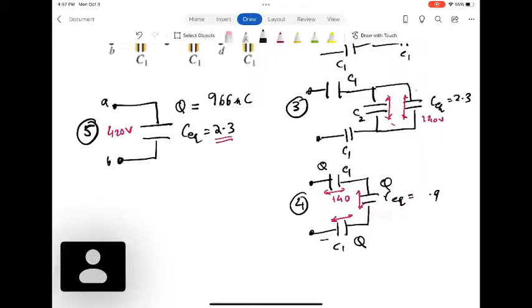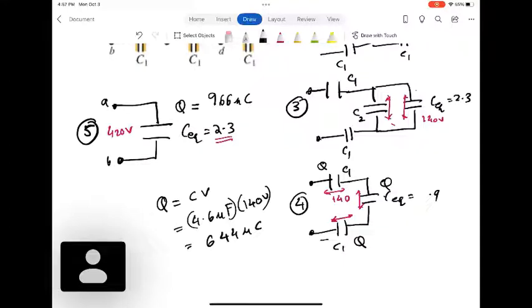So Q is equal to CV. So that's 4.6 microfarads multiplied by 140 volts. What is that? 4.6 times 140 is 644 microcoulombs.